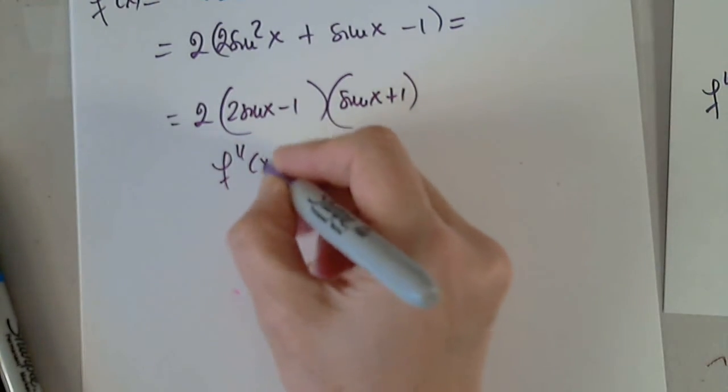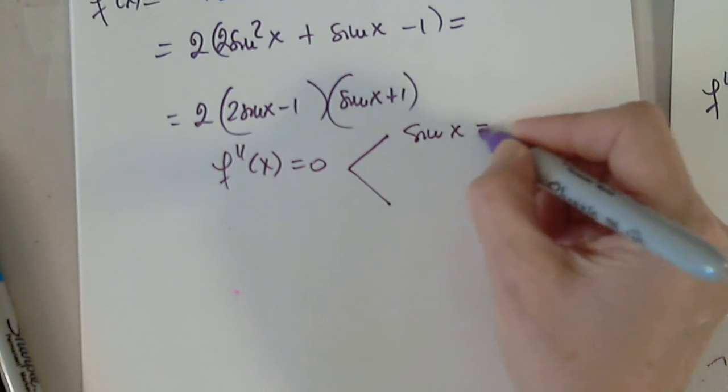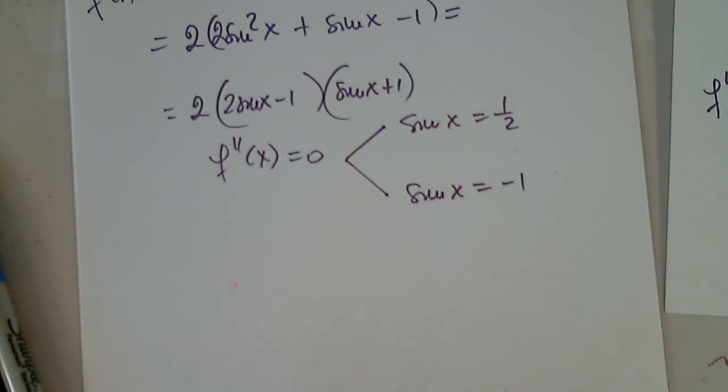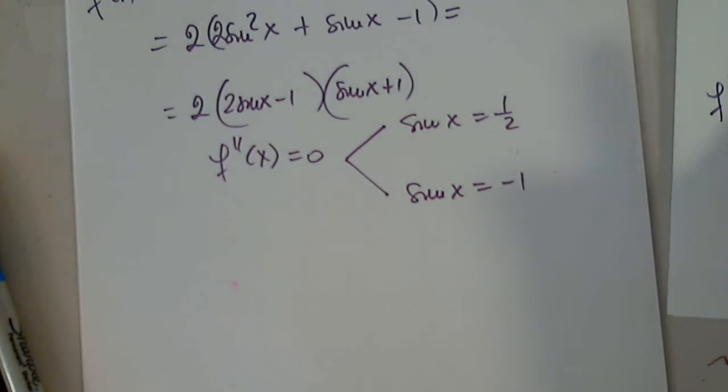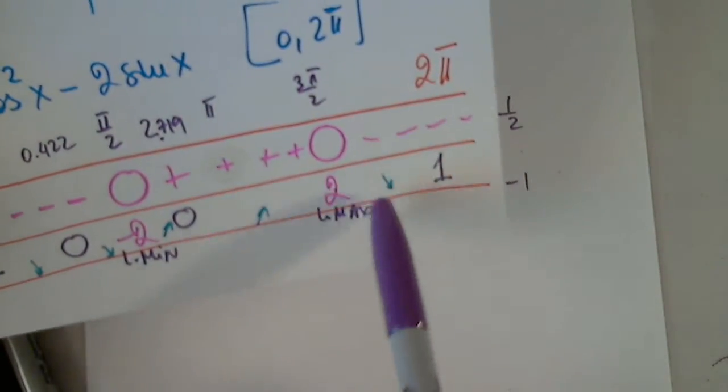So the second derivative equals 0 gives us two options. Sine x to be 1/2 and sine x to be negative 1. Okay. I don't really have room in my table. I have to probably build my table again.